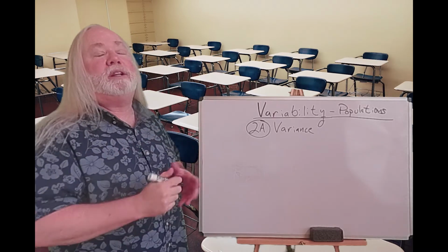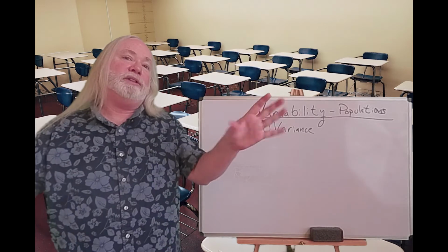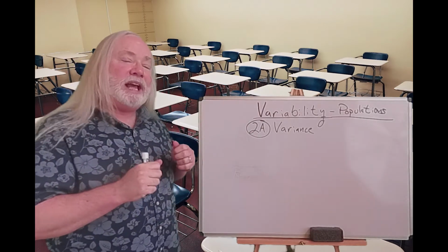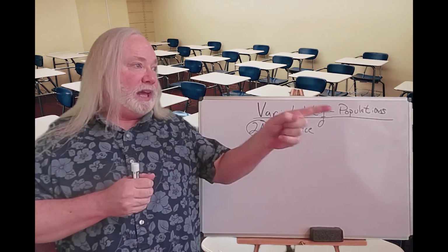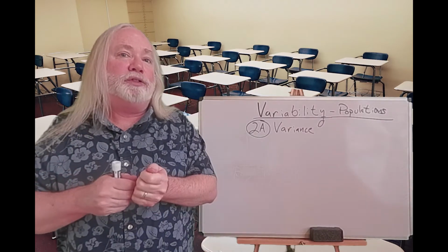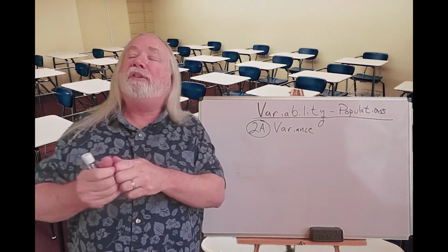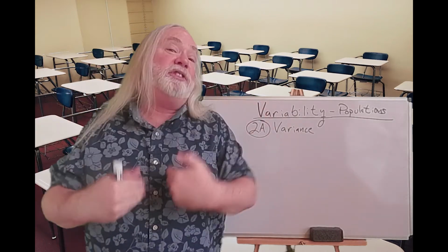Imagine we were sitting in a classroom together. Okay, so you guys are all in your seats and I'm up here at the front of the room and I pull out a tape measure. And I'm going to stand in the middle of the room and I'm going to measure. How far is that student from me? So the tape measure comes out and they are that many inches from me. And the next student is 48 inches from me. And the next student is 52 inches from me. And so I'm representing the center of the room.